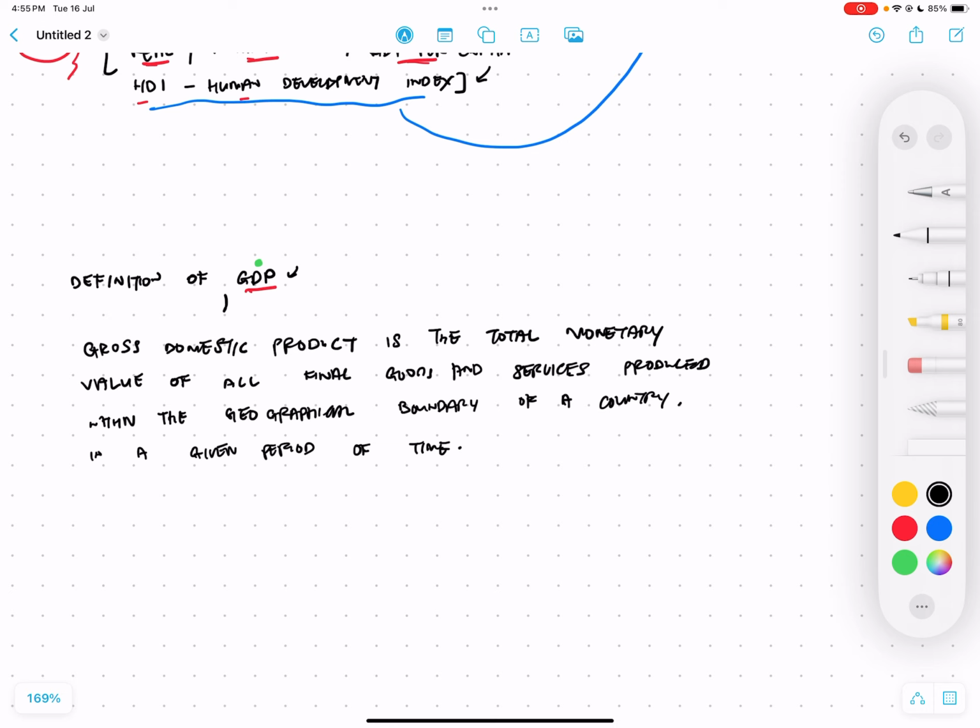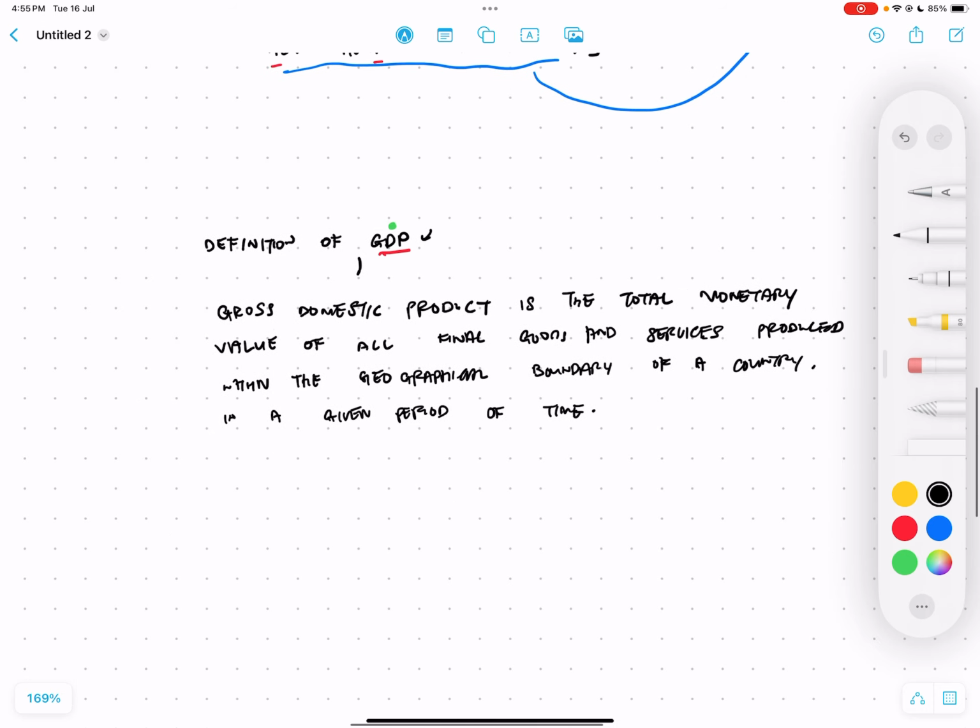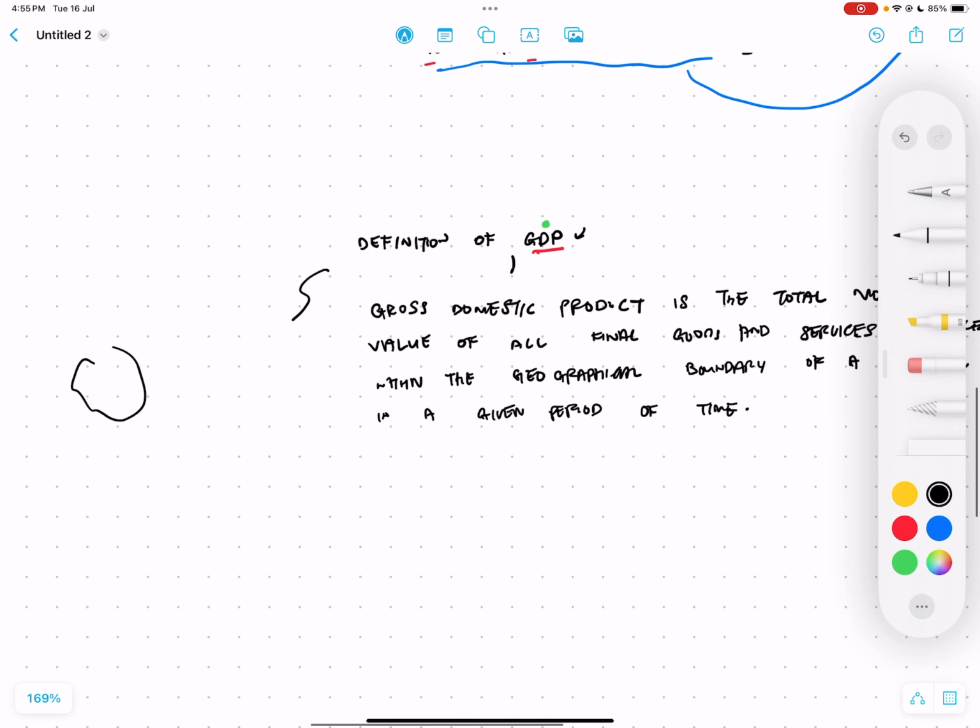Okay, so this is very complicated, right? So what exactly is it saying? What this is saying is that imagine you have a country. Let's call this country Singapore, and this black color line is the boundary of Singapore. In Singapore there are various factors of production, right?